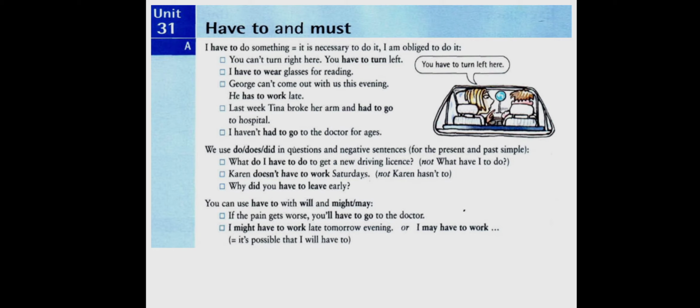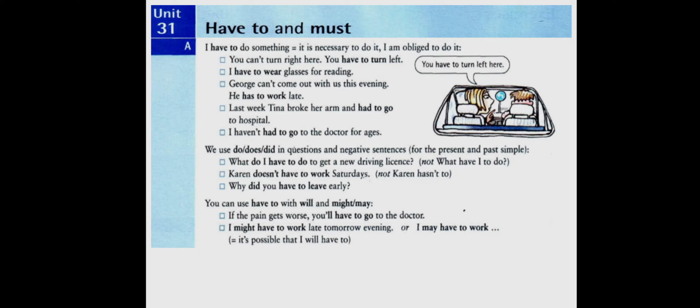We use will plus have to plus the base form. This is a future obligation using have to. So in forms other than the present, in the future and in the past, we use have to. So we don't say you will must. No, it is incorrect. We say you will have to go to the doctor.